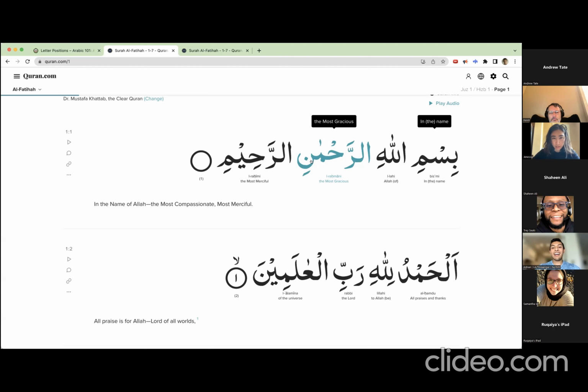Ar-Rahman, and the noon. The noon is a unique sign, with one dot above the line, and at the end of a word it has this very beautiful curvature. So Ar-Rahman, and with the kasra, Ar-Rahmani.